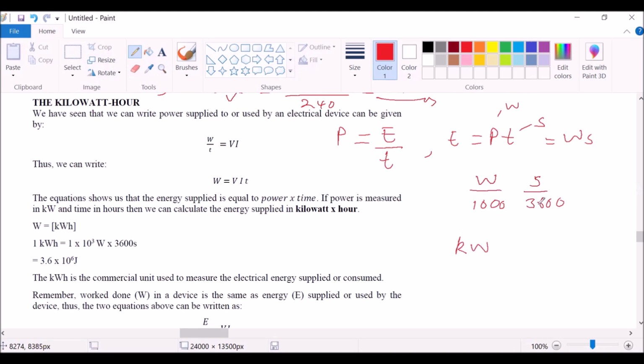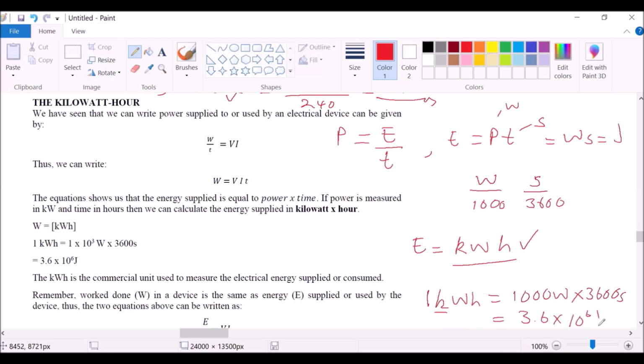Dividing seconds by 3600 will give us hours. So the kilowatt hour is another unit for energy. The watt second is equal to the joule. 1 kilowatt hour is equal to 1000 watts, converting 1 kilowatt to watts, and the hour is 3600 seconds, which will give us 3.6 times 10 to the power 6 joules.